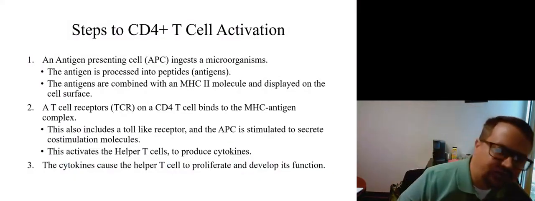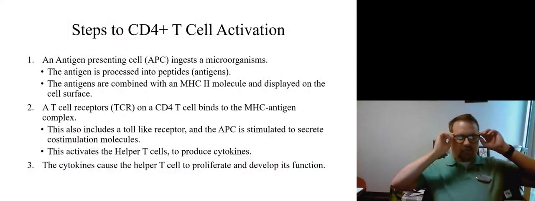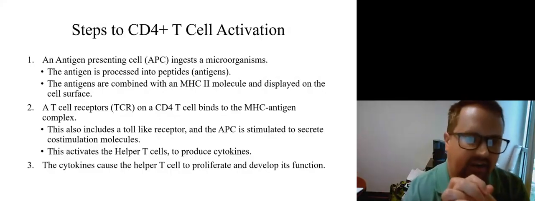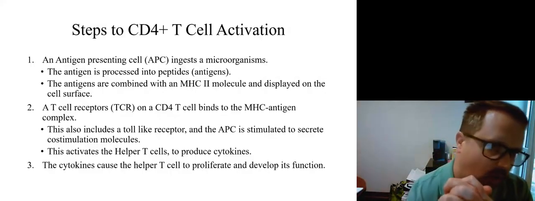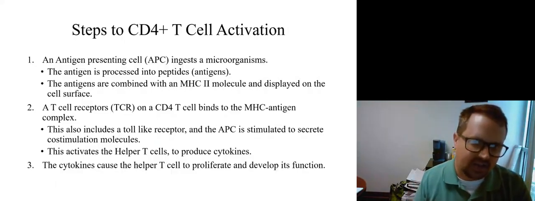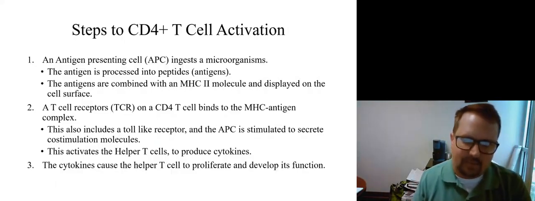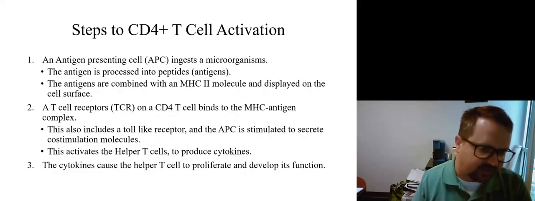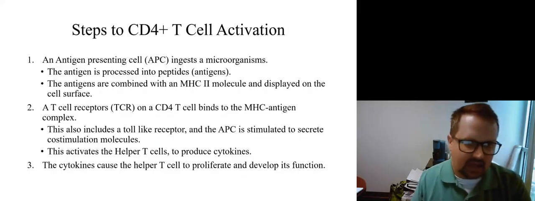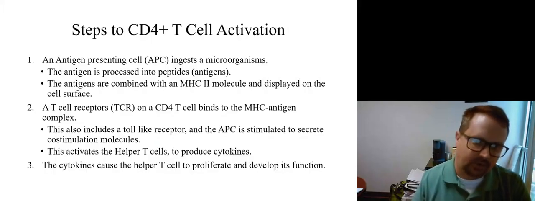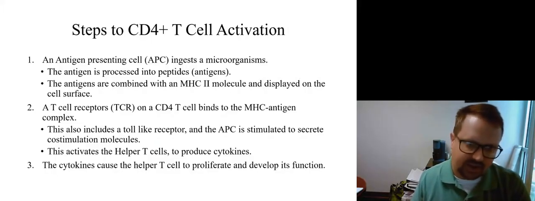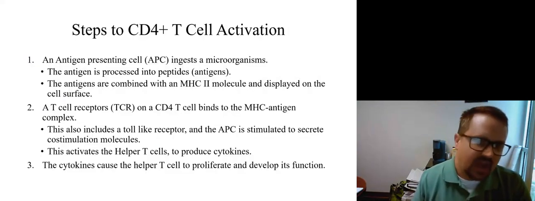This is called co-stimulation. So an antigen is presented on an antigen-presenting cell that ingested microorganisms. The antigen gets processed into various antigens. It's combined with the MHC2 displayed on the surface. A T cell receptor and a CD4 T cell binds to the MHC and antigen complex. This has a toll-like receptor and things like that. So it secretes co-stimulation molecules, activates the helper T cell to make cytokines.